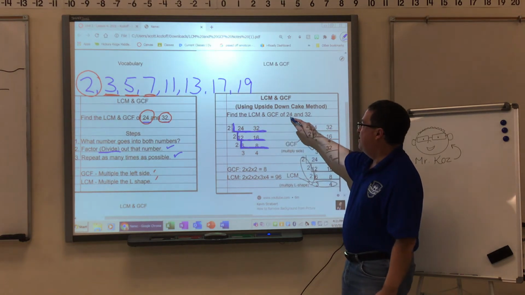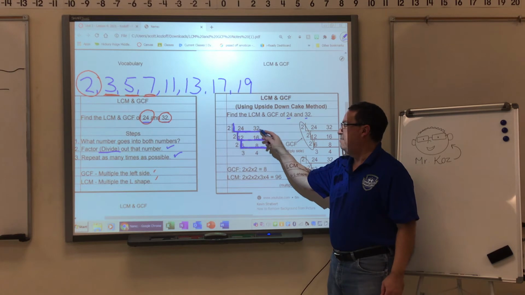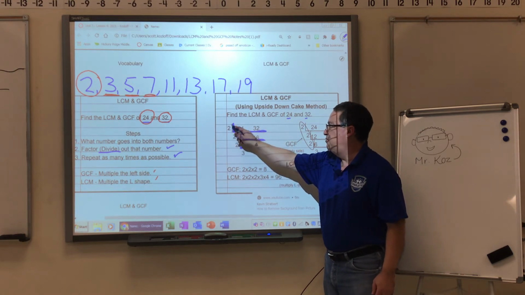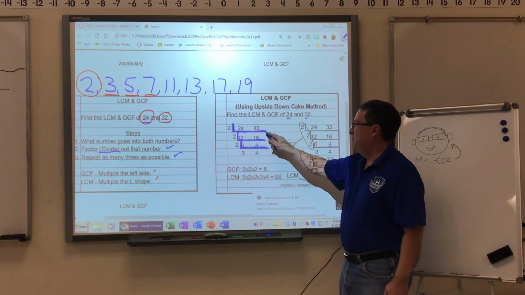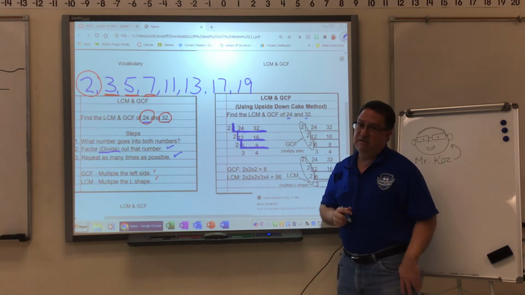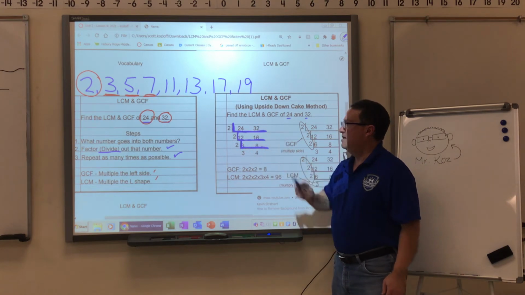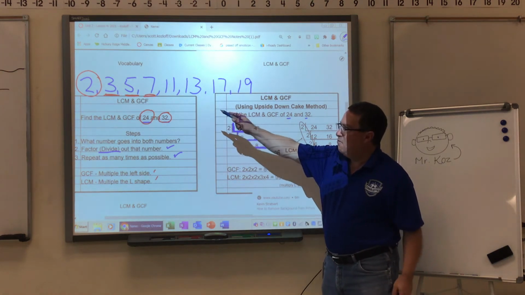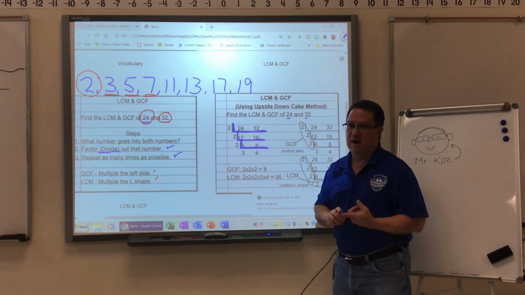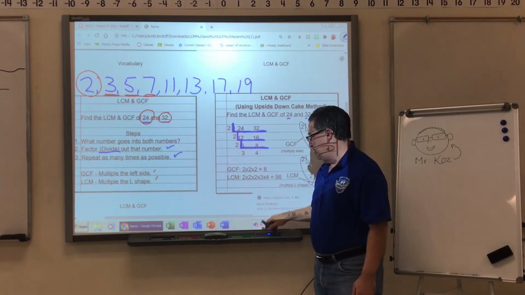Okay? So if I use 24 and 32, the first thing I notice about those 2 things is I'm going to put my upside down first layer of my cake. Okay? It's going to look like an upside down division bar. And I'm going to say, okay, that's an even number and that's an even number. I'm going to start with my very first prime number. And on the side, I'm going to put the number 2.